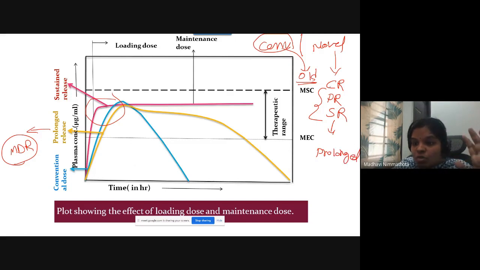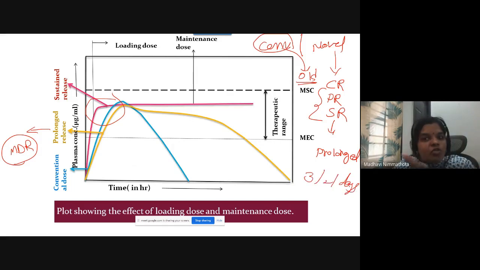So by the use of all these modified drug release systems, you are able to release your drug in the body over a period of time. Then it avoids frequent administration of your particular dose. In case of conventional dosage forms, you need to take one particular dose two or three times a day.